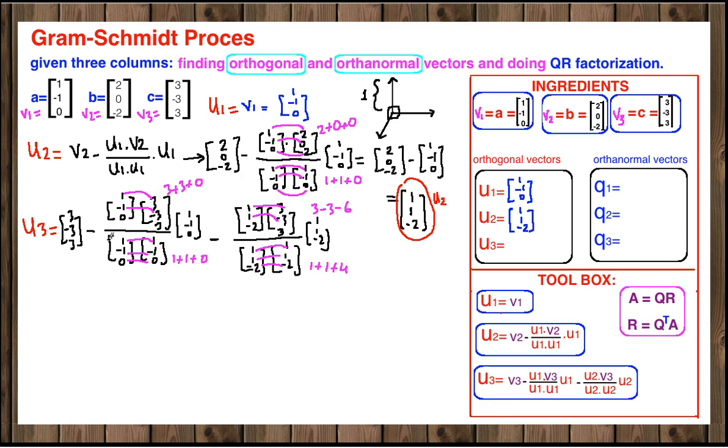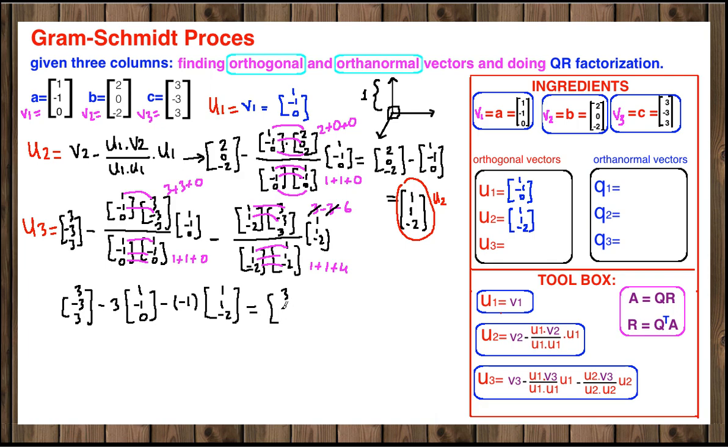Okay, now let's clean up. 3, negative 3, 3 is our V3 here, minus our dot product is here 6 over 2, which is 3, times this vector, minus we have 3 cancels 3, negative 6 divided by positive 6, which is negative 1, times this vector. Okay, let's clean up a little bit more.